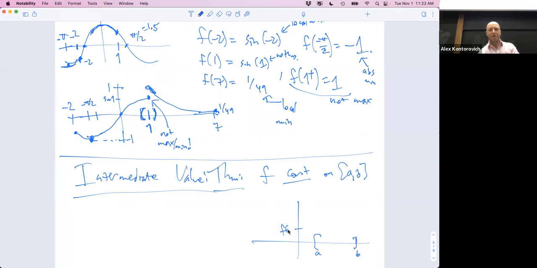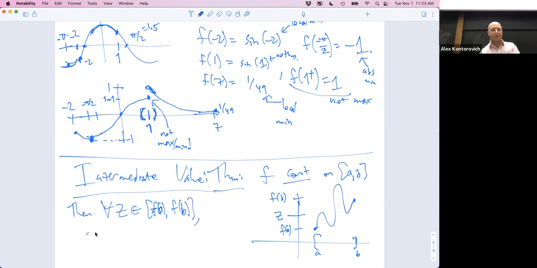and here are my function values, f of a starts here, f of b ends wherever it does. If it's continuous, all I know about it is it's continuous, then for any value z between f of a and f of b, let's say f of a is smaller than f of b, that value is hit somewhere.